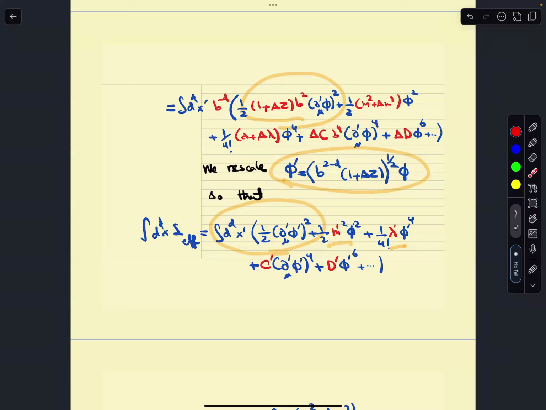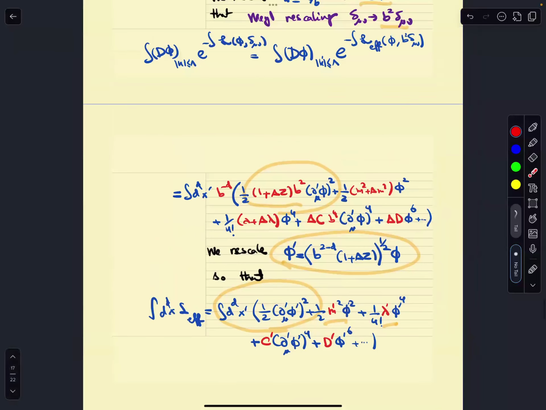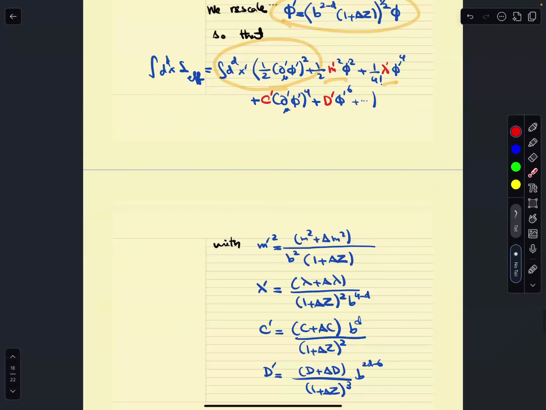After the scaling, what you obtain is that the effective action looks like the integral over x prime of half del mu prime phi prime squared. So this is a standard kinetic term, half m prime squared phi prime squared, right? So now you see m prime is this new variable, plus 1 over 4 factorial lambda prime phi prime to the 4, plus these couplings.